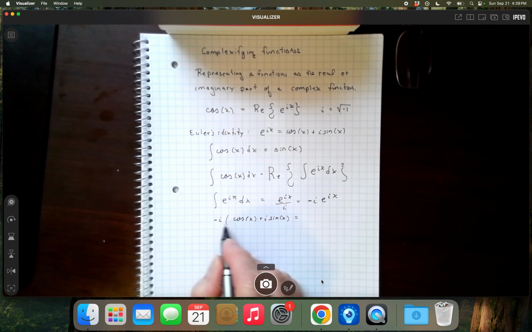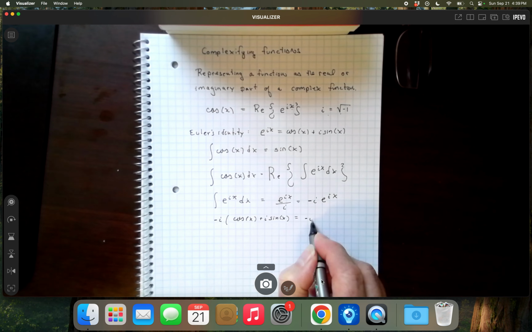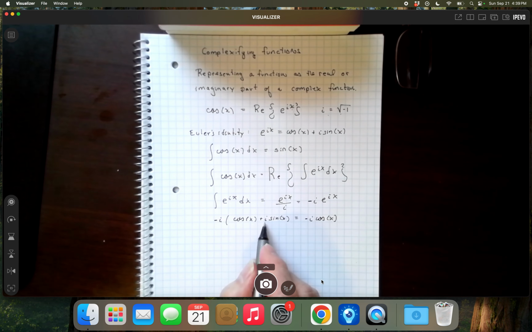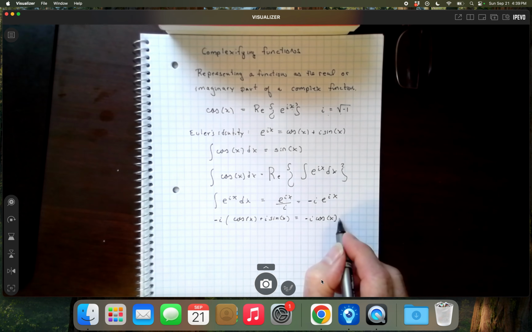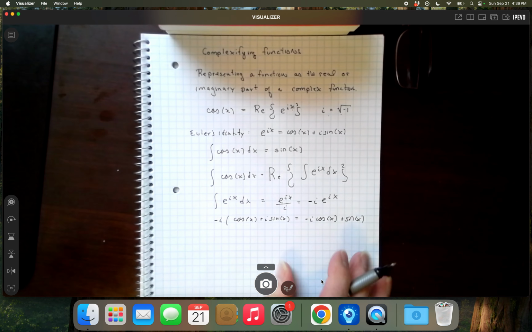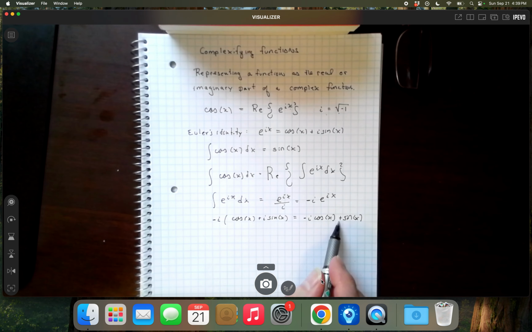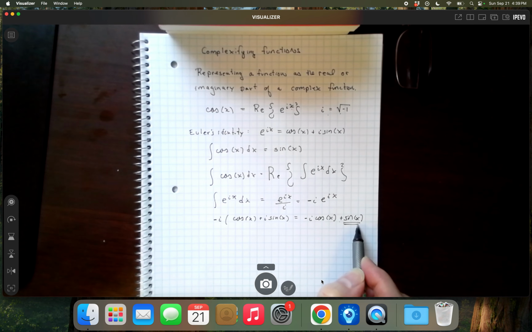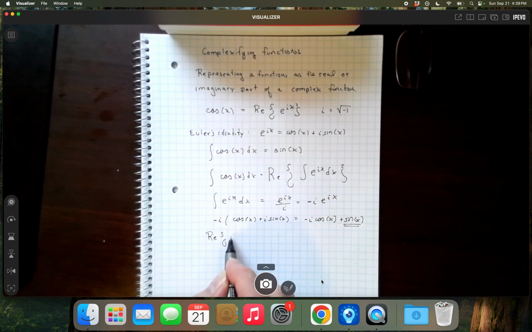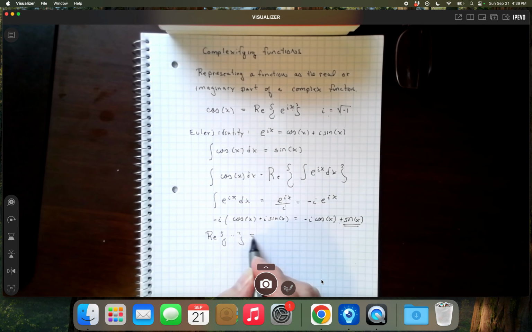That's equal to minus i times cosine of x, then I have i squared, which is -1, plus sine x. And now we take the real part of this, and the real part of this is the sine of x, which is correct. So the real part of the above is sine x.